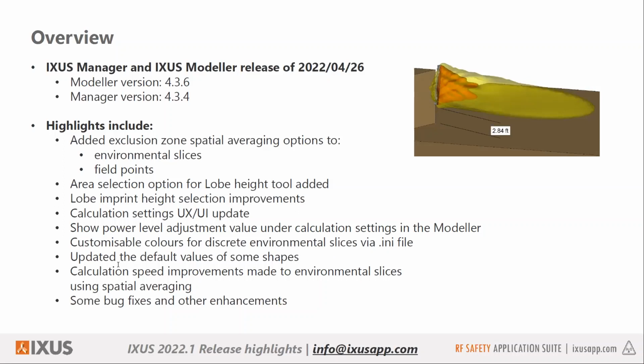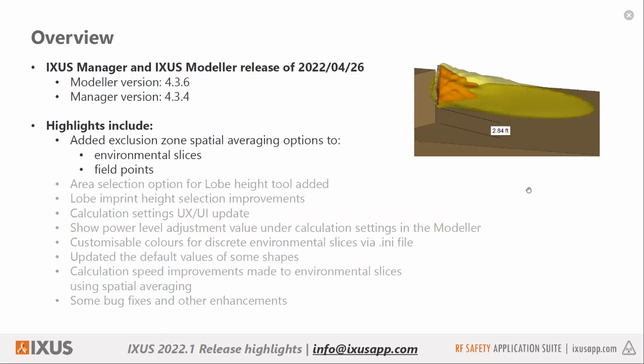We've updated the default values of some of the shapes like ladders and railings. Something that we worked on and that we are continually working on is this speed improvement for environmental slices, especially when these slices make use of spatial averaging. And then in addition to all these enhancements and features, we've also addressed numerous bug fixes and smaller type of things.